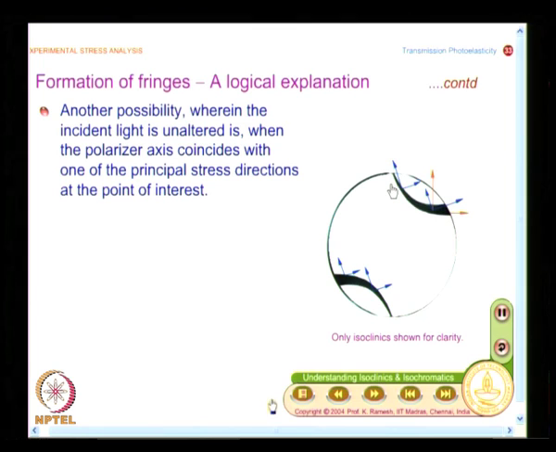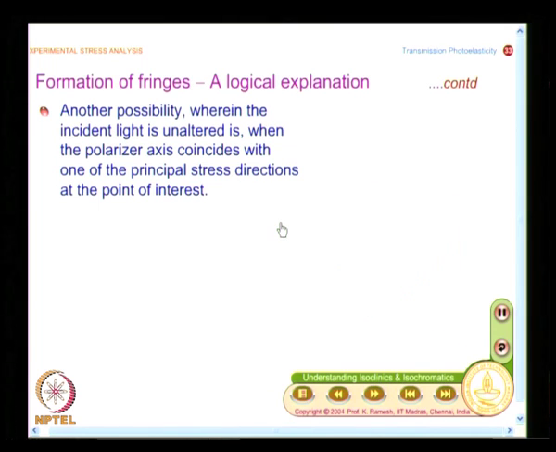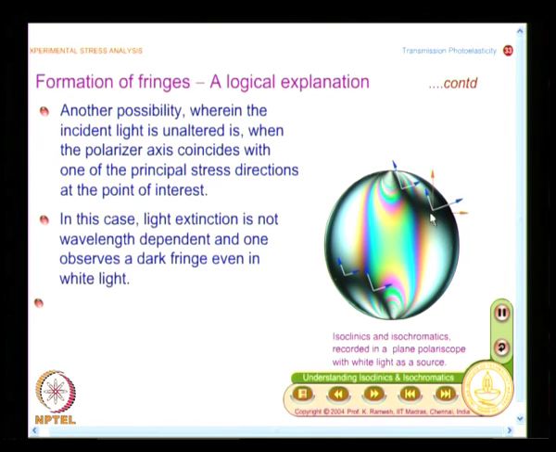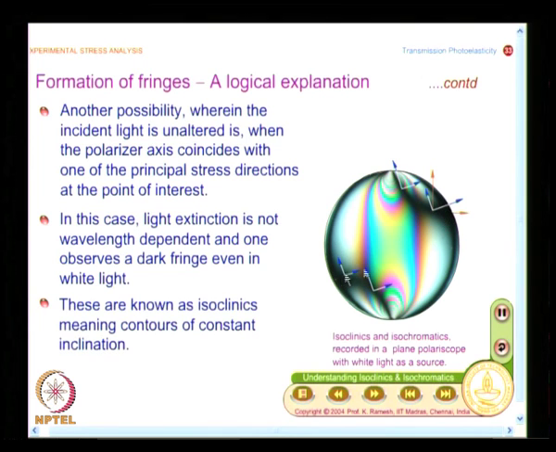That is the only way which you can see only isoclinics with some level of clarity. And you have a picture of the actual fringe pattern seen in a plane polariscope, and this is the isoclinic, and this is the axis at the point of interest, and the orientation of these axes remains constant.